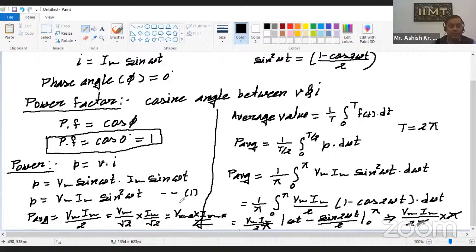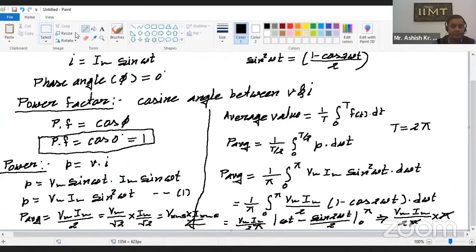This is the average power consumed by a purely resistive circuit. So the average power consumed by a purely resistive element is Vrms into Irms.